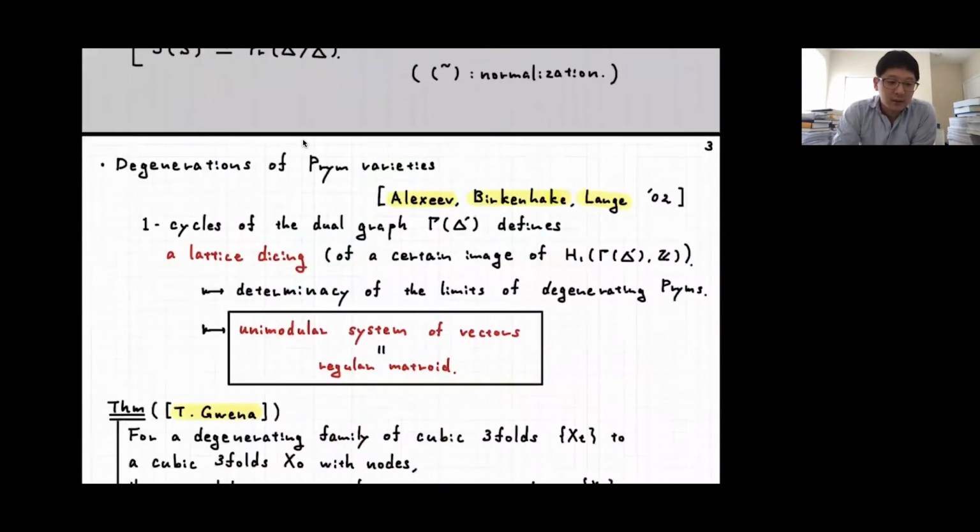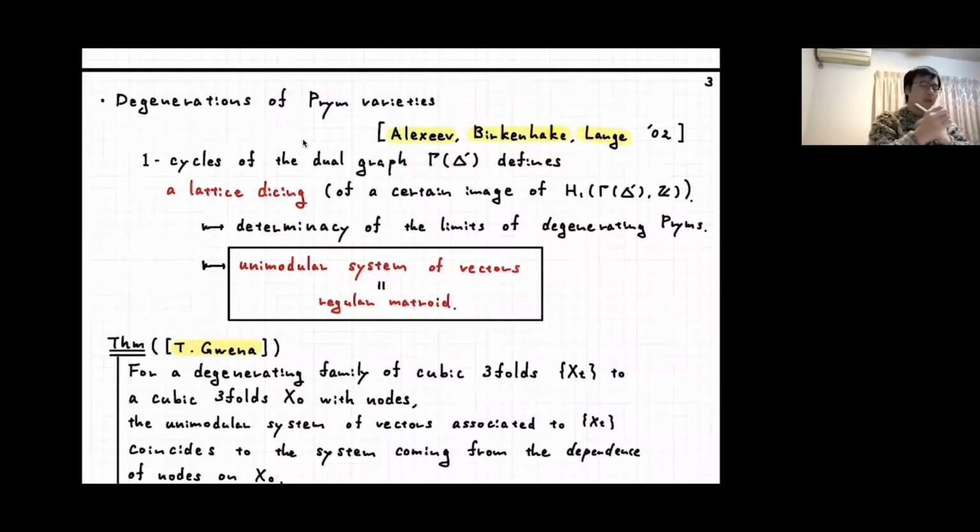Thank you. So the reason why I want to focus on the Prym variety of nodal curves is that there is a more general theory of the degeneration of Prym varieties by Professor Alexeev, Birkenhake, and Lange. It is a very general theory, and there is a result which says that one cycle of the dual graph of the given covering Δ', denoted by Γ_Δ', defines a lattice dicing of a certain lattice, the certain image of the cycles in H1(Γ_Δ', Z).